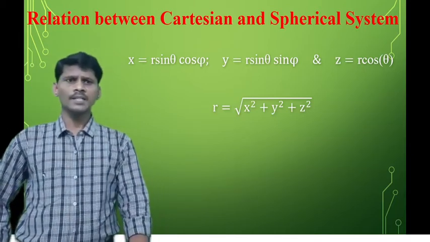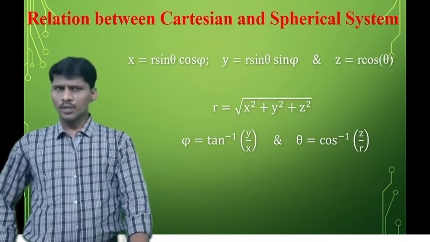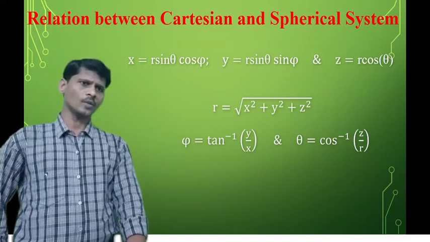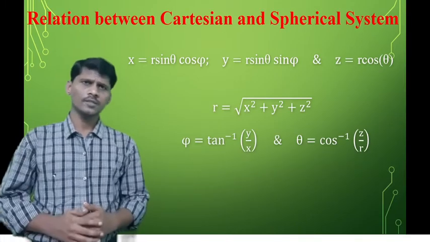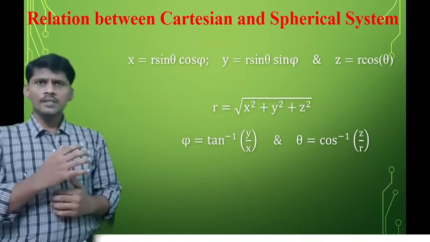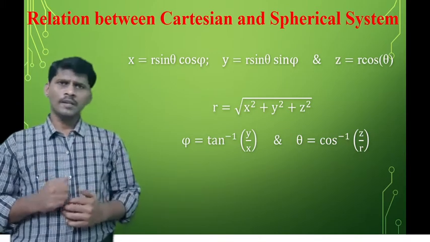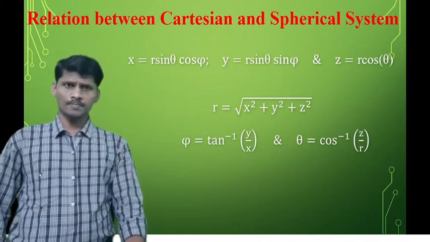And angle φ is equal to tan inverse of y by x, and angle θ is equal to cos inverse of z by r. So these are the relations between Cartesian coordinate system and spherical coordinate system.